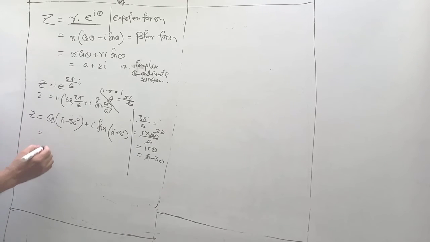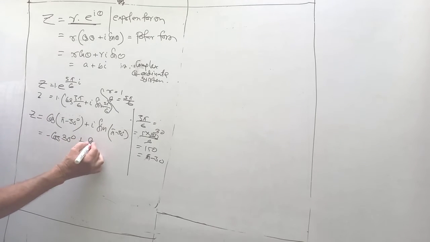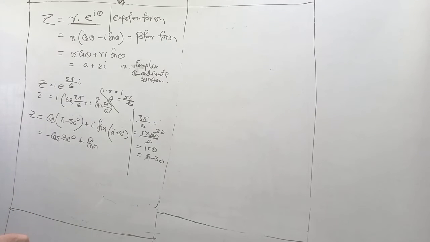That means we are getting here pi, and we have already solved this type of problem. Pi means which quadrant? It is the second quadrant. In the second quadrant cos is negative. That means minus cos 30 degree plus i sin, and in the second quadrant sine is positive.